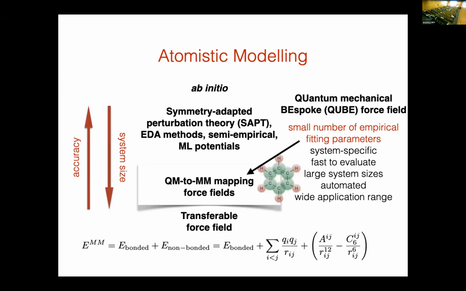Unfortunately, unlike the XFF force field, we are still using an effective force field. So we do have to do some fitting of parameters to experiment. But as I'll show, the number of parameters that we have to fit is extremely, extremely small, about 5 to 7 or so.